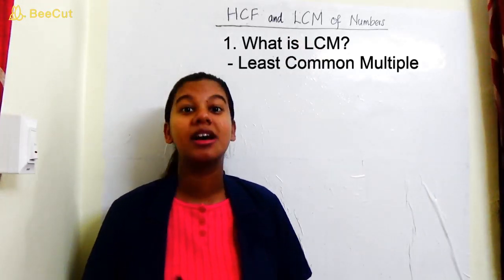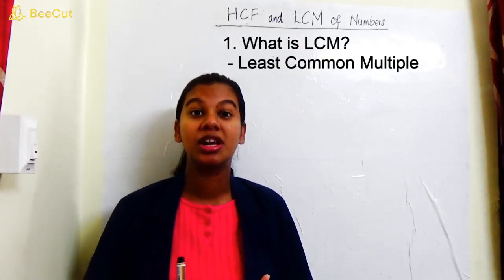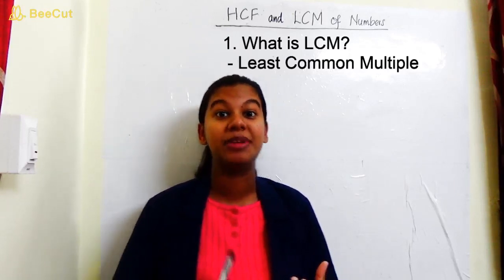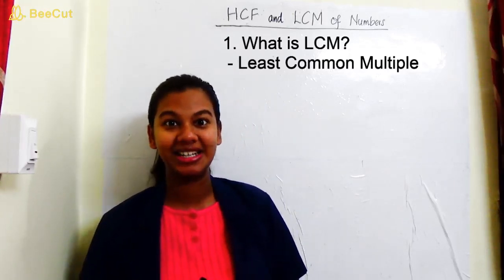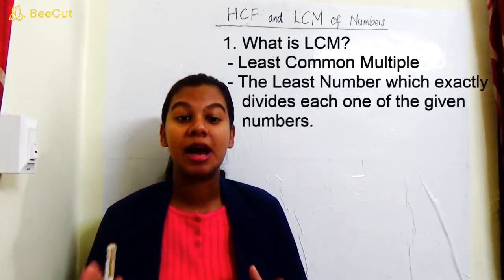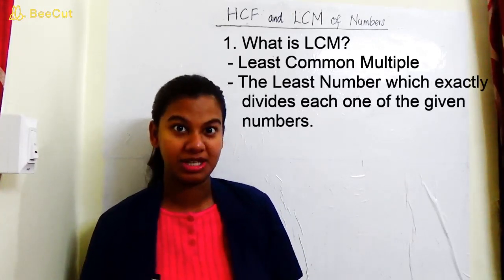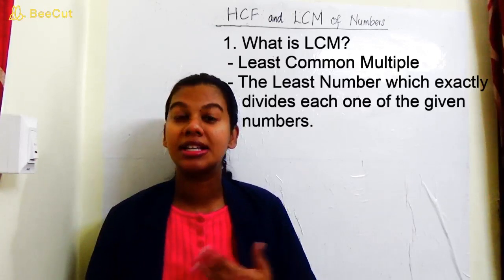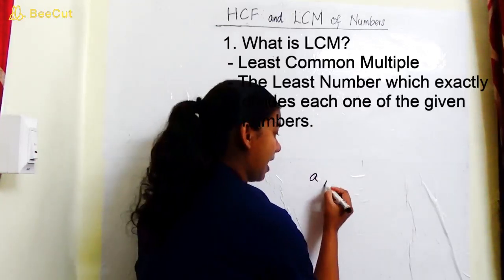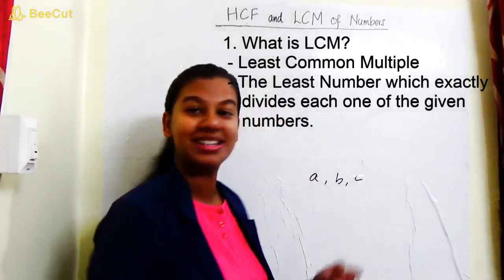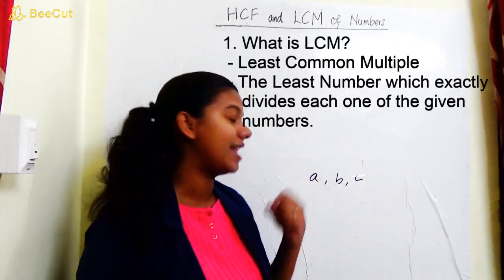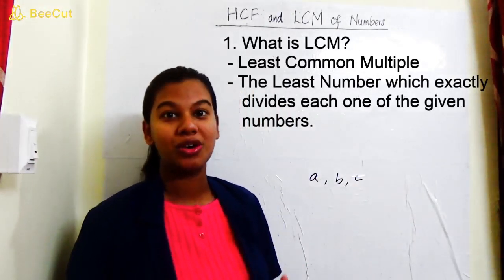Multiple means a number in which other numbers can be divided completely, right? It is the least number which exactly divides each one of the given numbers. Suppose A, B, C are the given numbers. Okay. A, B and C. You have to find the LCM of these three numbers. Okay.